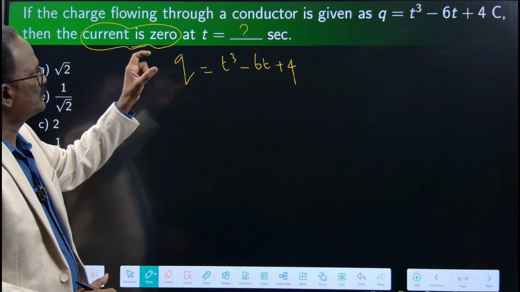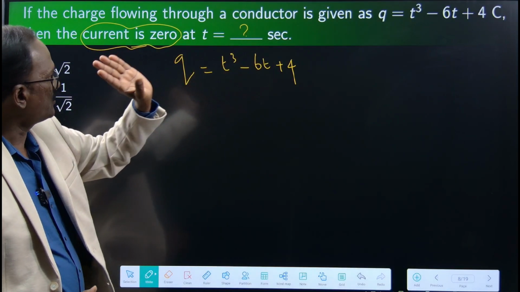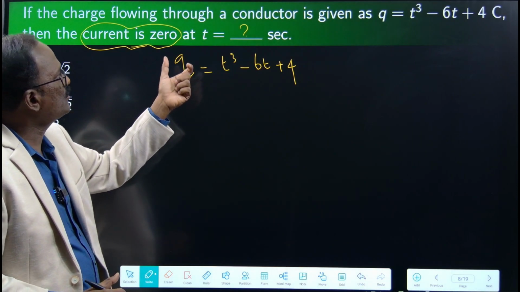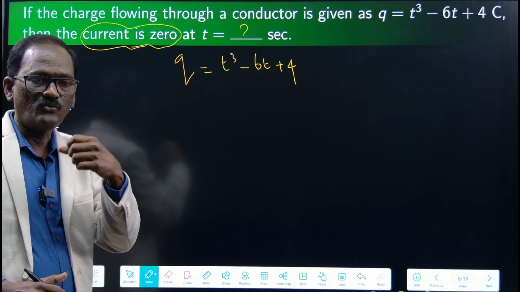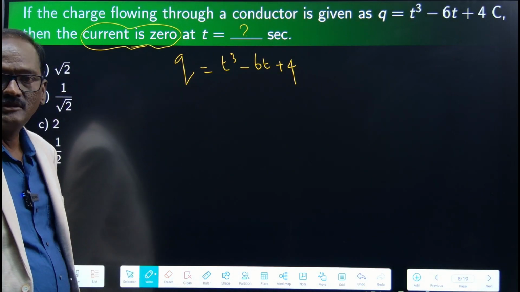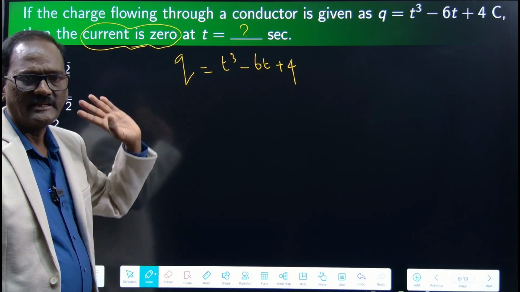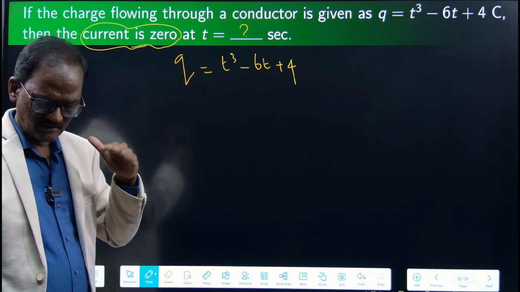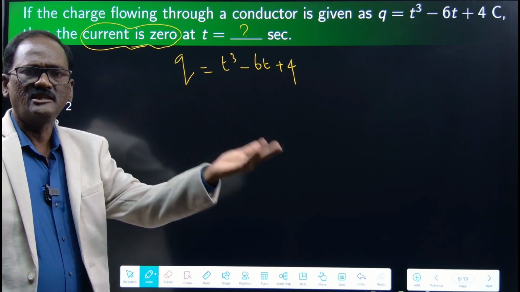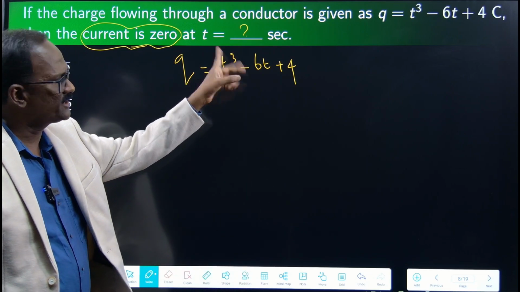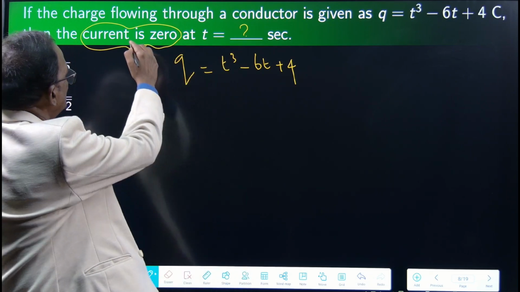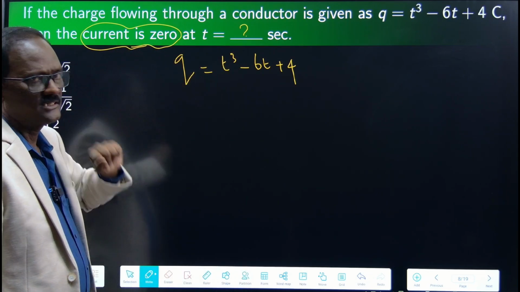If the charge flowing through a conductor is given as one equation, then the current is 0 at t equal to what? At what second is the current going to be 0? Q is written in the form of one equation. Let us write I in terms of time, because we need to make I equal to 0.